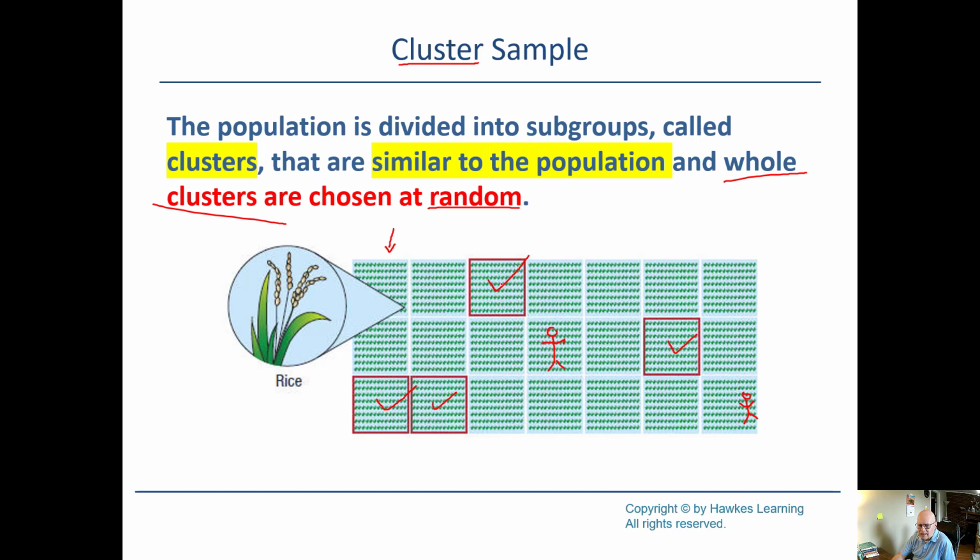And we use that collection or that set as our sample. Got that? All of these individual sections look like all the rest. So if you're in this field, it looks exactly the same as in this field.